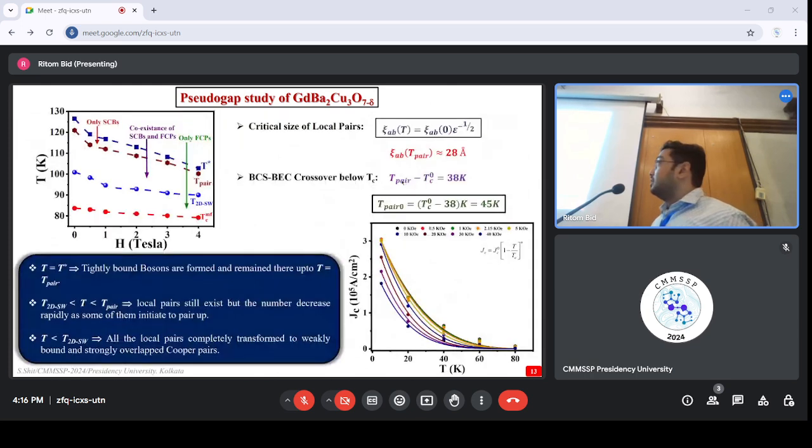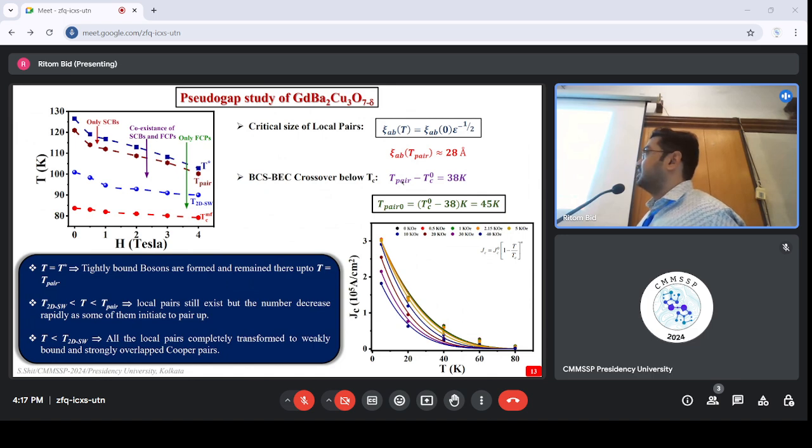But one thing we have found from this study is how the strongly coupled bosons transform to fluctuating Cooper pairs, which can be studied from this pseudogap analysis, and we have tried to construct a phase diagram.